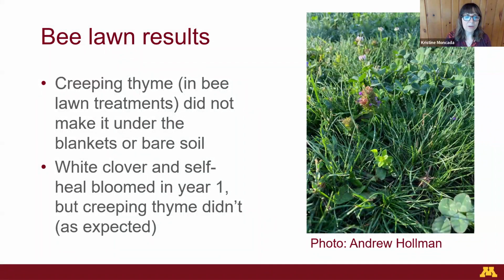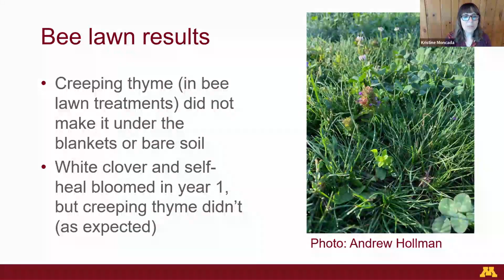Another thing we found is that the white clover and the self-heal, in this particular picture from the dead turf foliage, did bloom in the first year. That's what we would expect, especially white clover, which blooms relatively quickly.